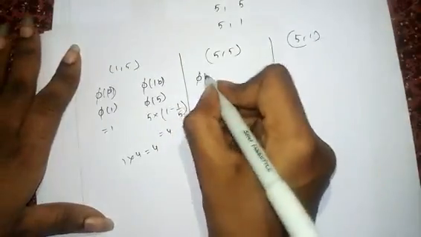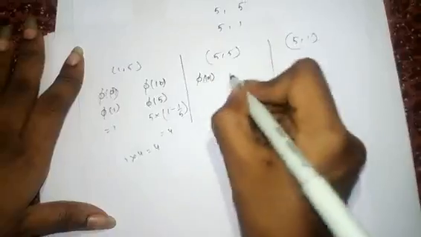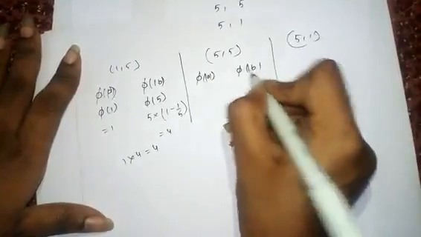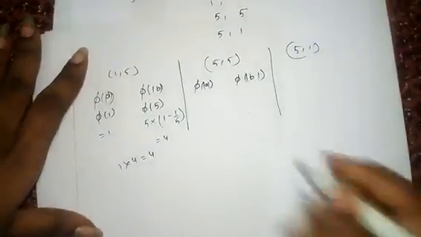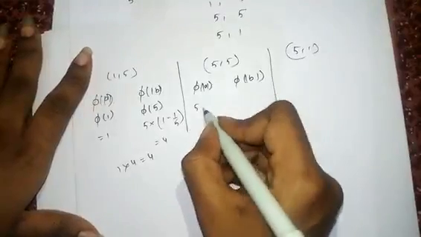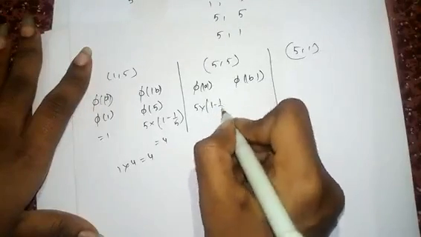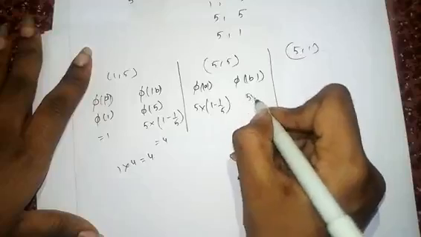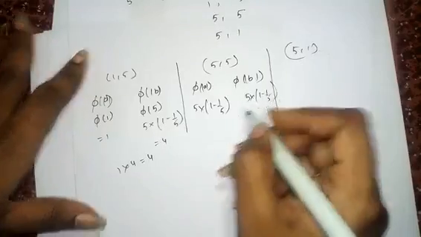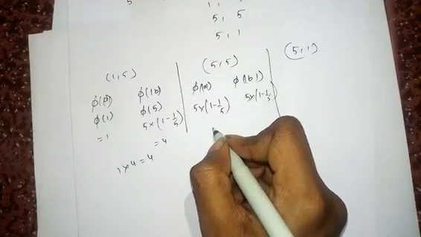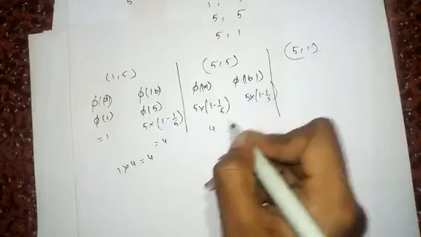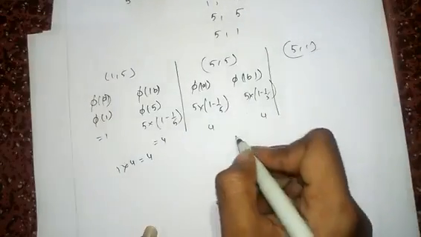So here phi of the order of A times phi of the order of B. It is 5 into 1 minus 1 by 5, same here, 5 into 1 minus 1 by 5. It is 4, again 4. So it is 16.